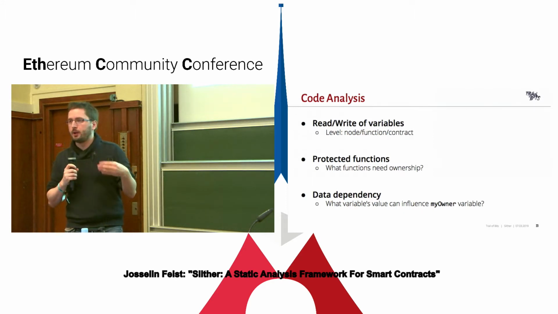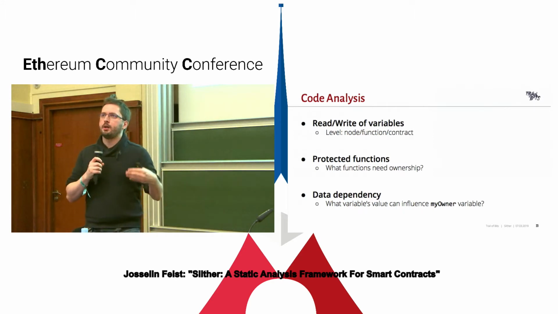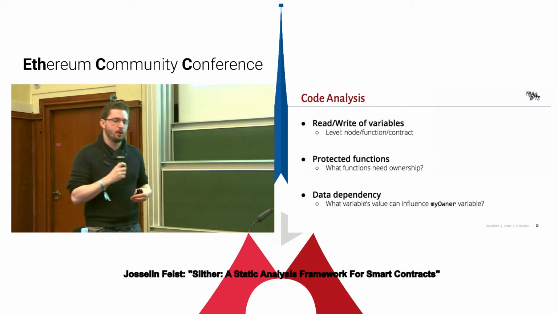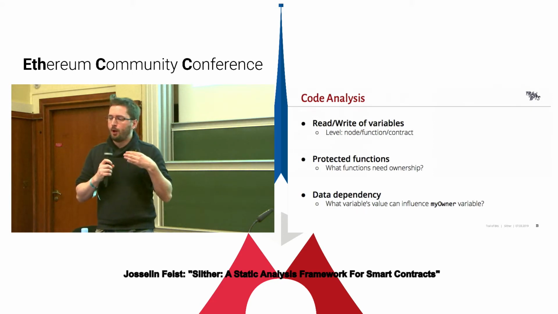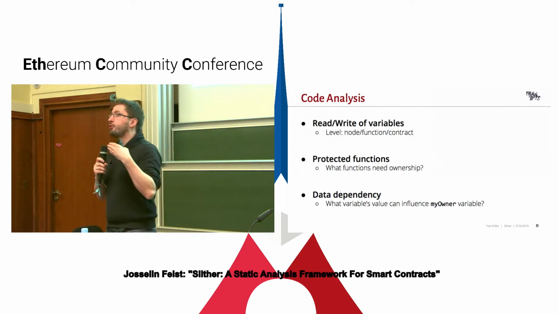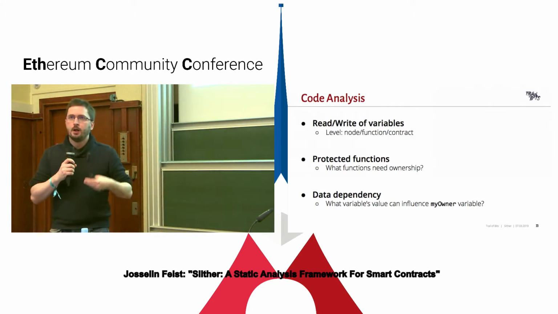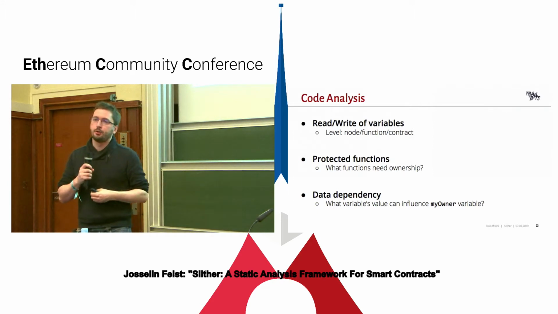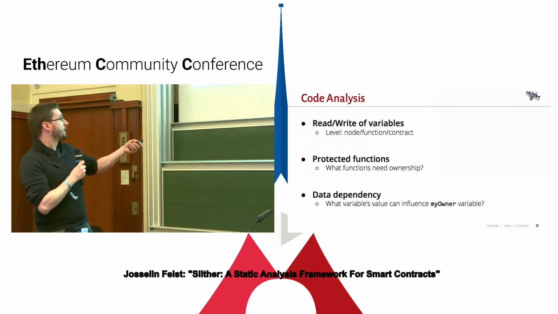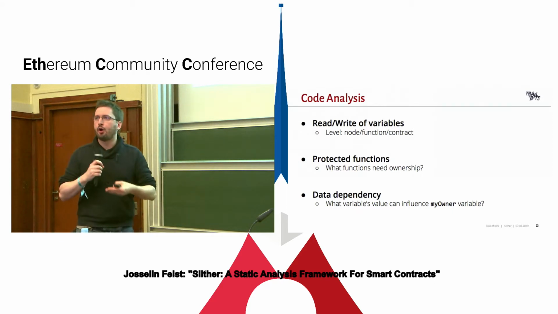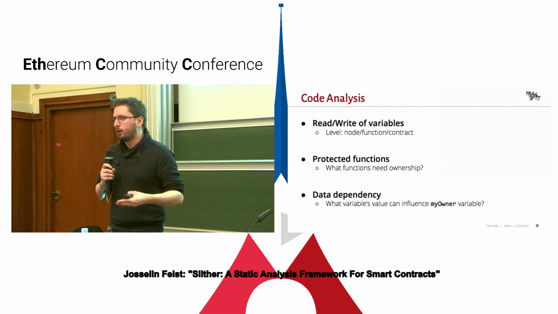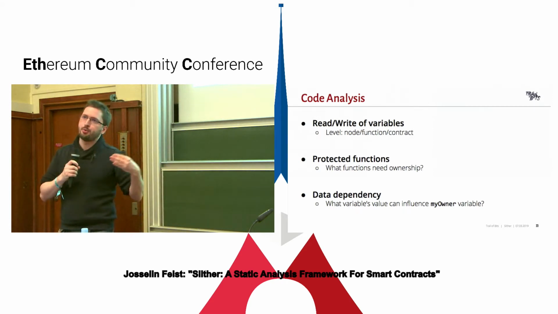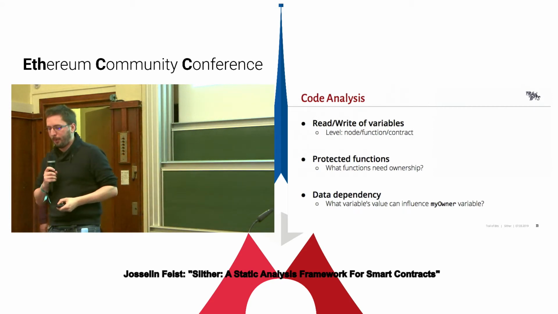Typically, it will find for each variable where it's read and where it's written, so that you have really precise information about all the usage of all the state variables. It will perform a set of other heuristics. For example, it will detect if a function is protected, so if you need some kind of ownership to call this function. And finally, it will perform the data dependency analysis for all the variables, so that you will be able to know if the value of one variable can influence another variable.